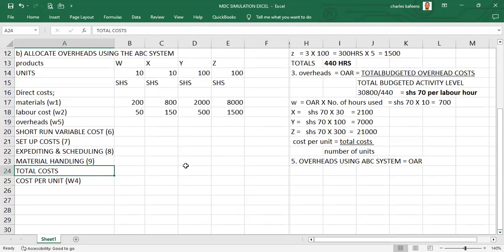So we start by looking at working 6. Working 6 is going to be our short run variable costs.